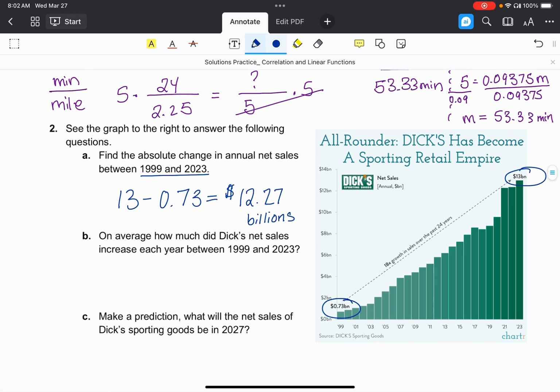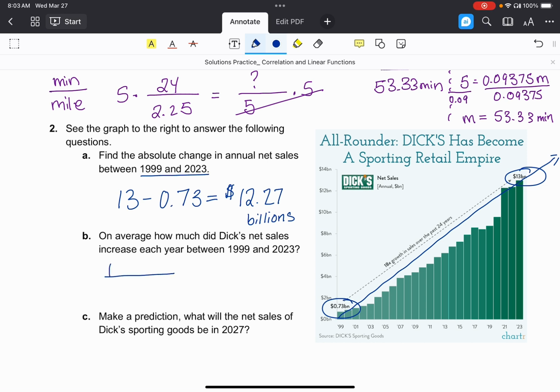Now, that's sales each year. So over the course, that's how much their profits have, not profits, their net sales have grown. Now, if I were to draw a line almost where that dotted line is, what would be the yearly growth approximately each year?